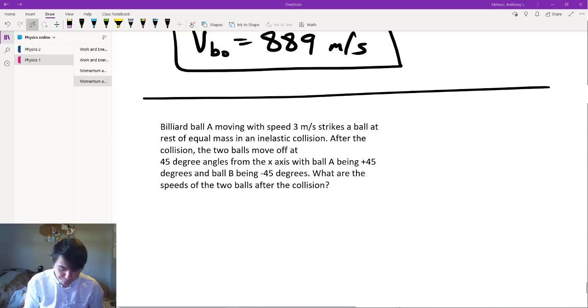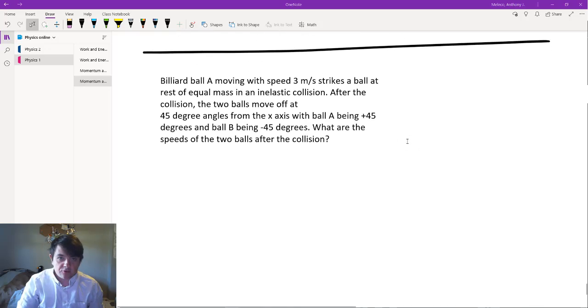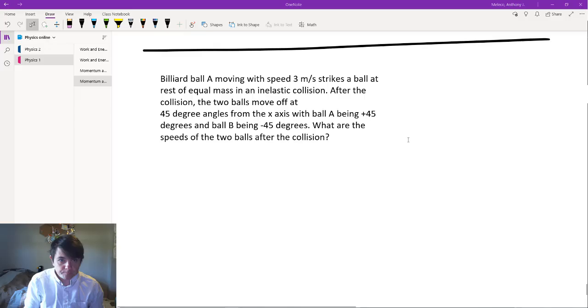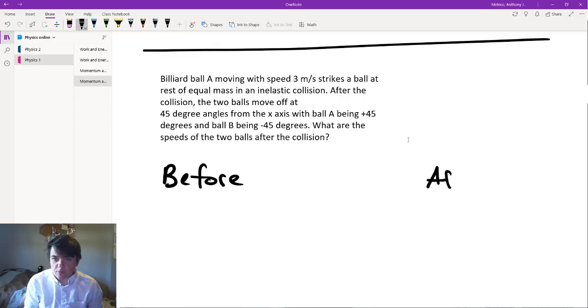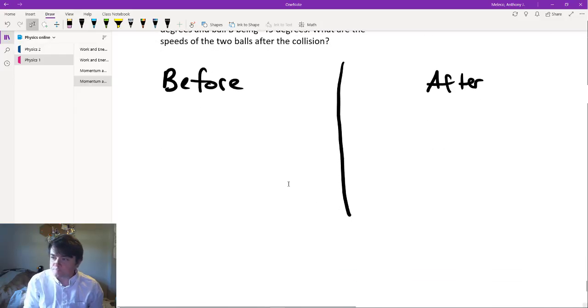Okay, so let's go ahead and draw this. So you have the before and you have the after. Okay, so you have billiard ball A, and it said it's moving at 3 meters per second.